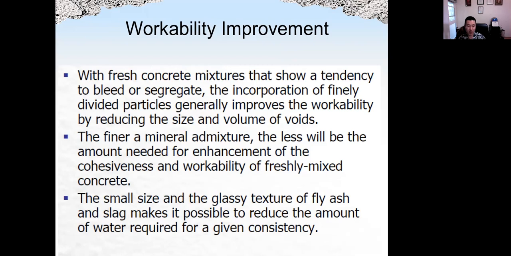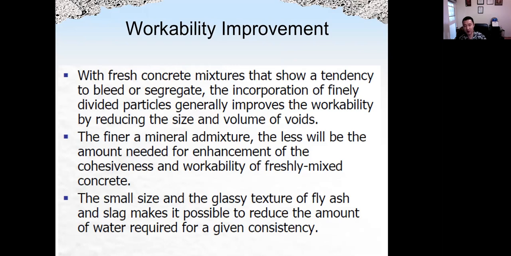The finer the mineral admixtures, the less will be the amount needed for enhancement of cohesiveness and the workability of concrete. Here again are two new words. Workability is, when we mix the concrete, we need to consolidate the concrete.